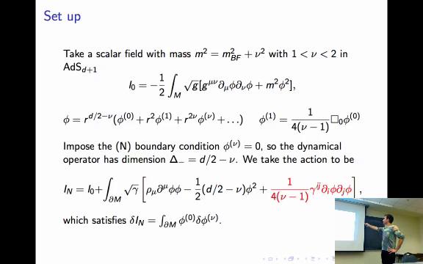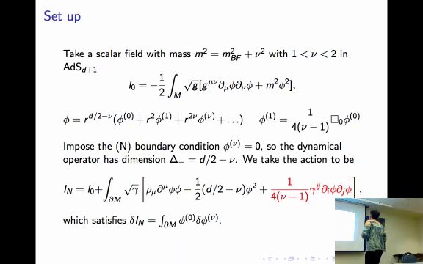This is a good inner product if nu is less than 1. For Neumann boundary conditions, if nu is greater than 1, this inner product diverges, and we need to modify it to have a well-defined product and Poisson bracket, etc.